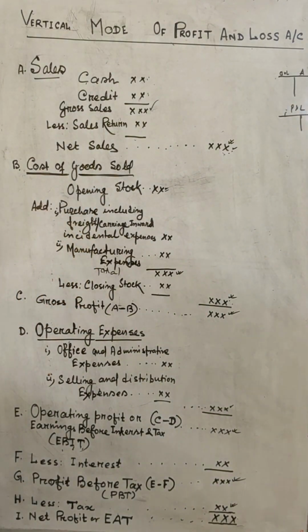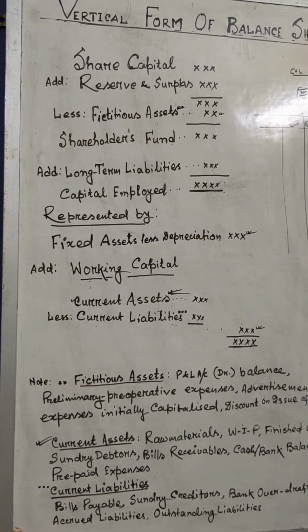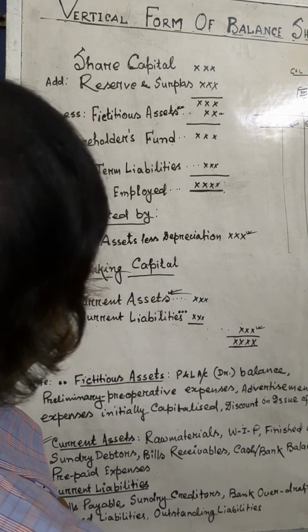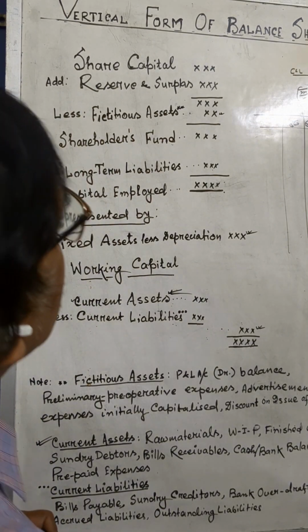But for better use and information, management accountants and financial experts use the vertical mode of final accounts, that is profit and loss account, balance sheet, etc. In my next part, I am going to show you the vertical mode of the balance sheet. I have already discussed the vertical form of the profit and loss account. Now I am going to discuss the vertical form of the balance sheet.